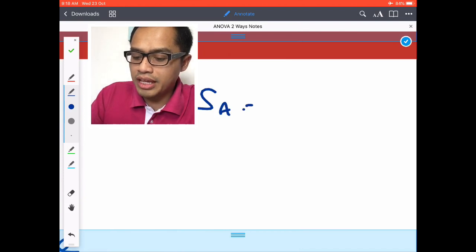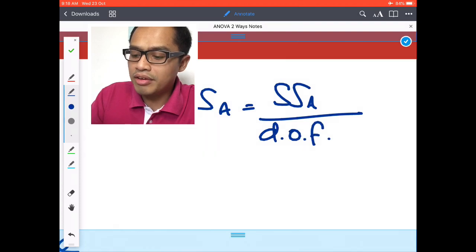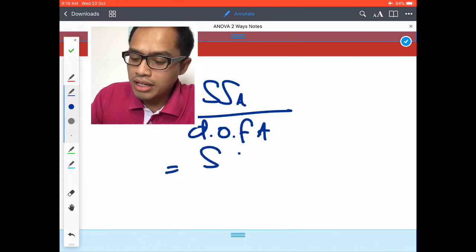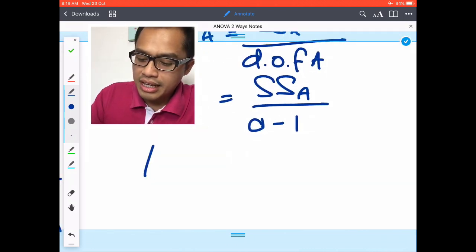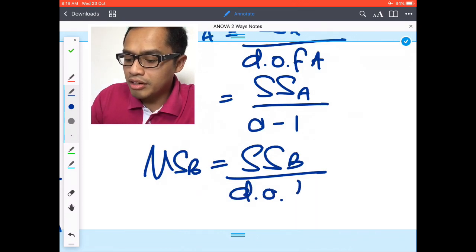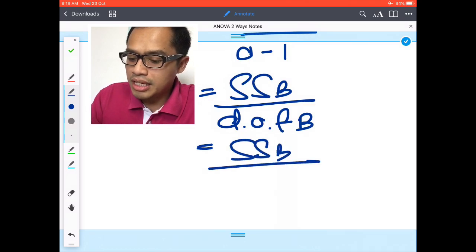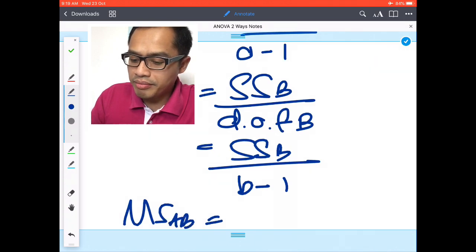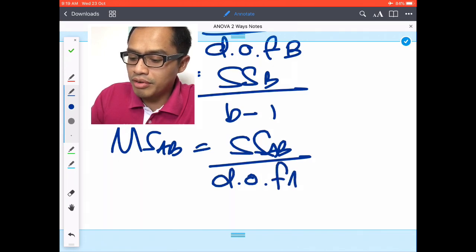Okay, let's go for the MSE, or mean squared. MS means mean squared for A. That means you take your SSA and divide by the DOF for A. You can look at the equations there, the formula. That means SSA divided by a minus 1. MSB: take your sum of squares for B, divide by degrees of freedom for B. Therefore, it is SSB over b minus 1. MSAB: take your SSAB, divide by degrees of freedom for AB.